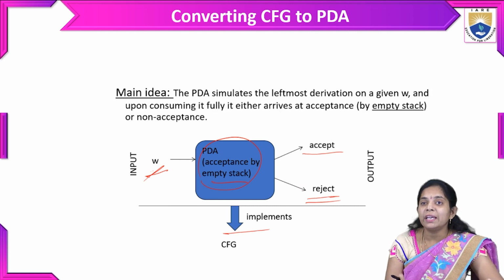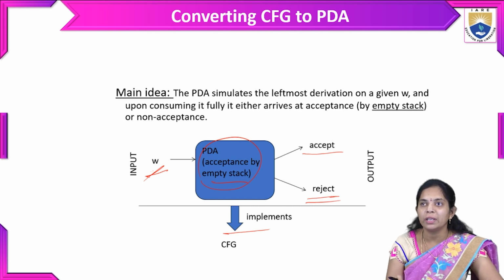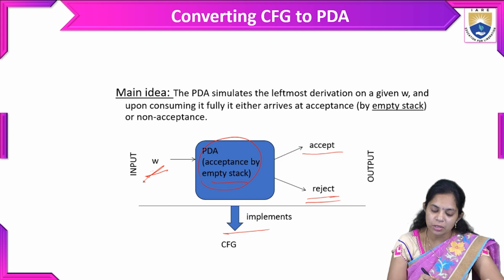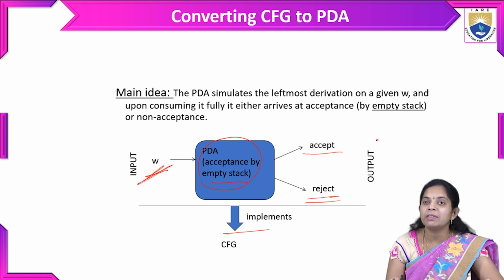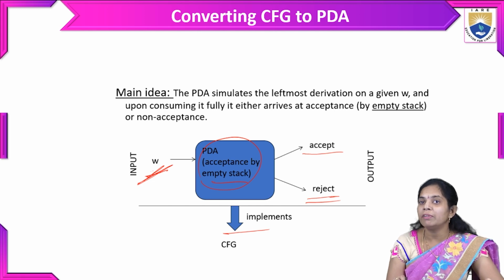Here the main idea is that the PDA simulates the leftmost derivation on the given W. Based on the word which is given to the PDA, we can derive the leftmost derivation and we will get the productions. Based on that, we have to construct a context-free grammar.